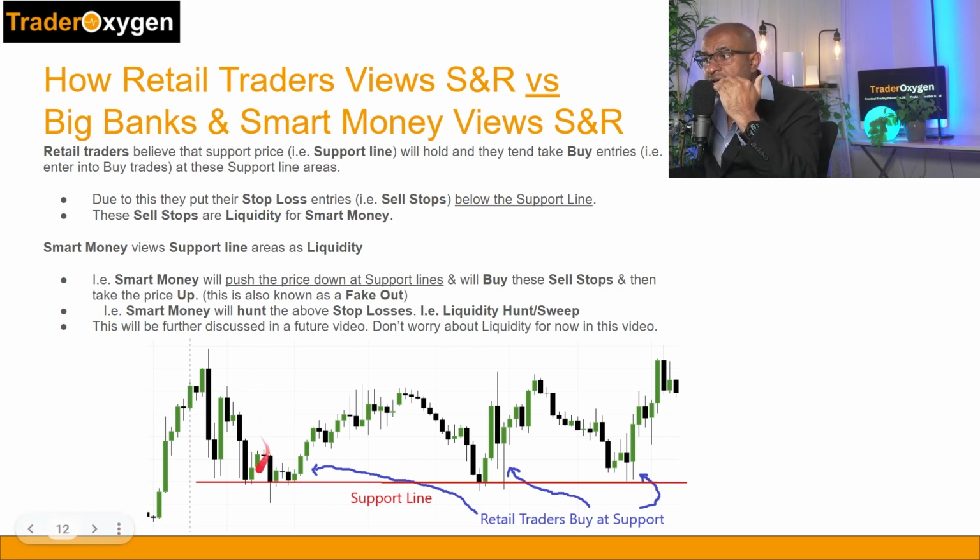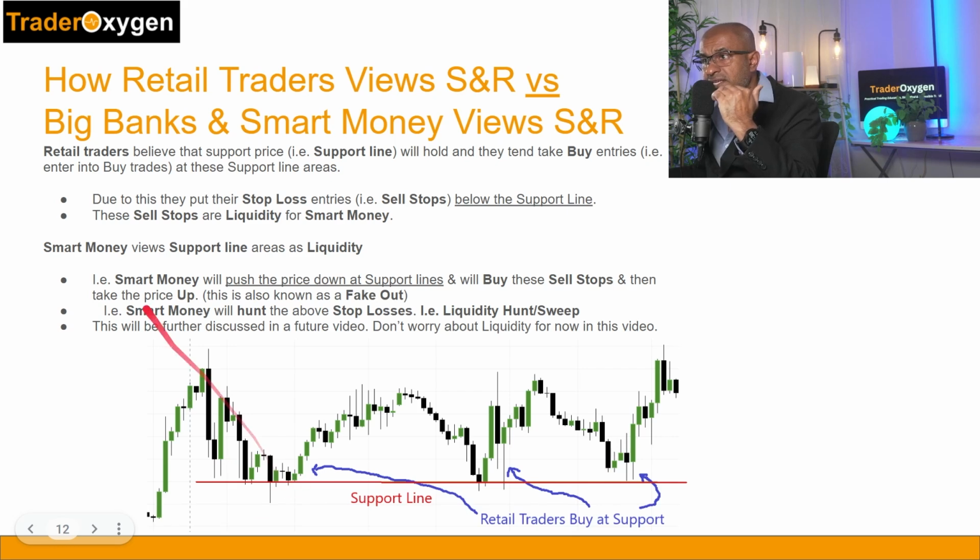So when they put their stop losses here, they are sell stops. Again, don't worry why they are sell stops. We will have practical videos in future. So when retail traders buy at these locations, and when they put their stop losses, which are sell stops, smart money knows about this. So these sell stops are going to be liquidity for big banks and smart money.